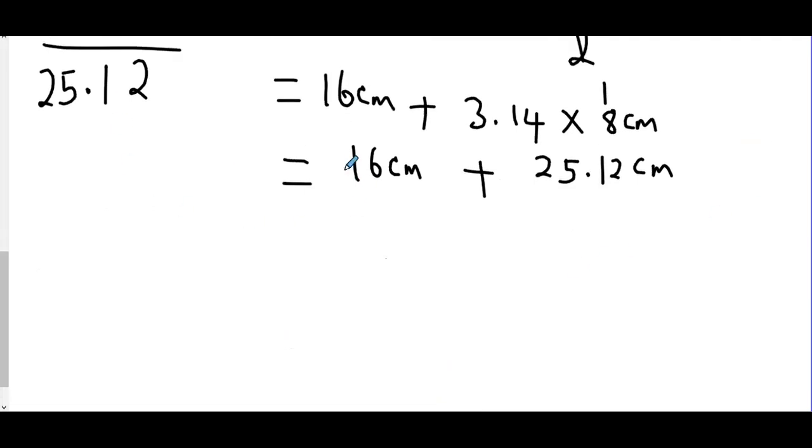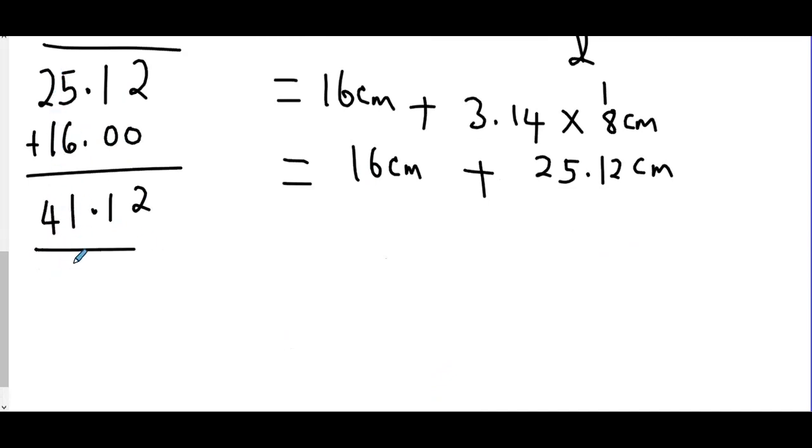This answer which we got, 25.12, we add 16.00. When you add that, you have 1.11, carry 1, this is 3, that becomes 4. So the perimeter will be 41.12. Now don't write centimeter square. Can you see that here it is addition and not multiplication.